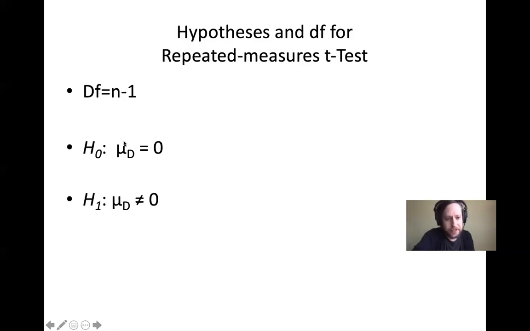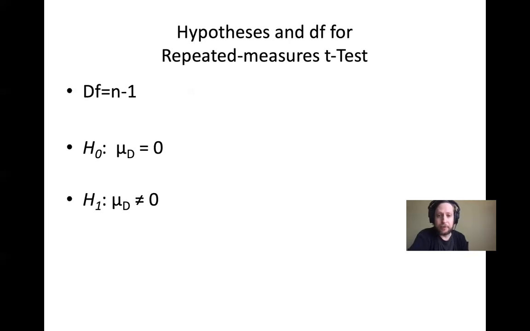The null hypothesis for a repeated measures t-test will always be mu sub d equals 0. The reason is that you remember what a null hypothesis is: it's basically saying there's no difference between the conditions. If we did a study where there was no difference between condition 1 and condition 2, when we calculate those difference scores, we should get, if there's no difference between the two conditions, 0.